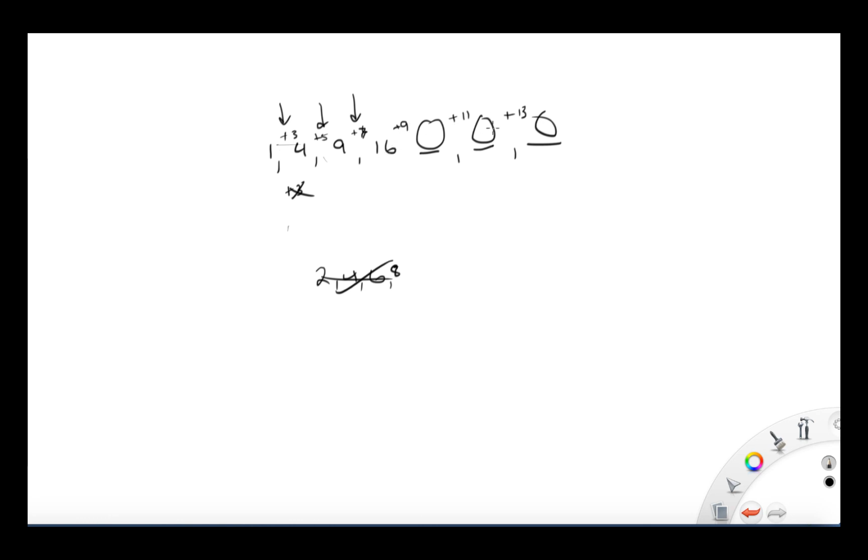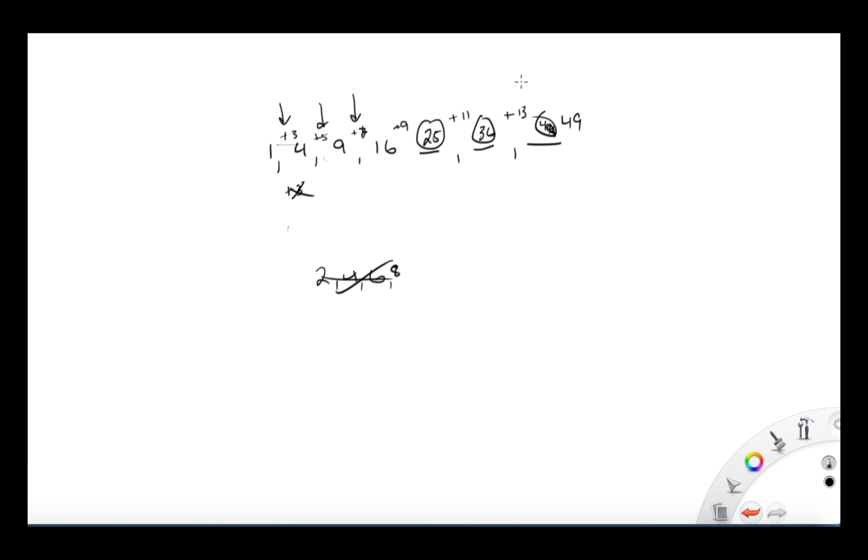So if we did those, could we find the actual answer? And I think we can pretty easily. And we're going to come up with 16 plus 9 is 25. And then we're going to say 11 plus 25 is 36. And then we're going to say 13 plus 36 is 49, excuse me, okay?